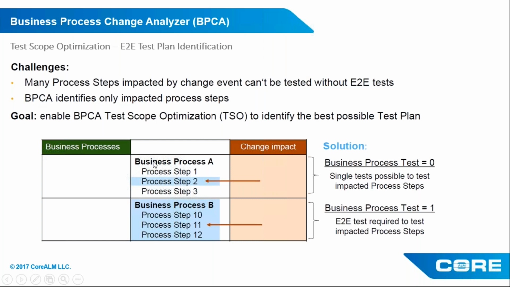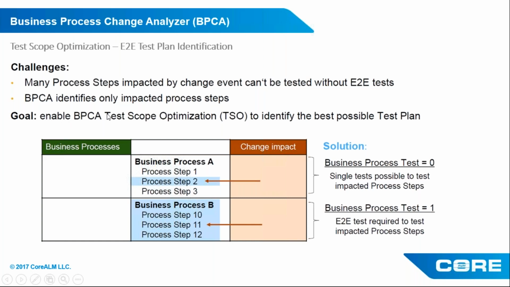So you have, for example, a business process A, which has 3 steps. And in this one, you only need to test this impacted object, but in other tests, you need to be able to go through an end-to-end test to really test what's been impacted.